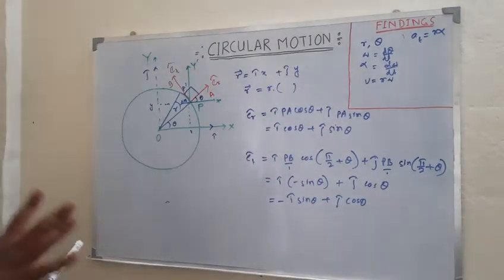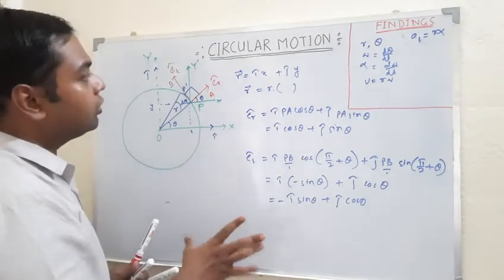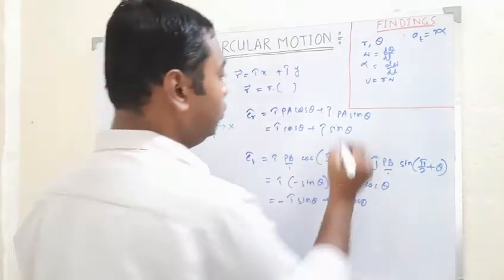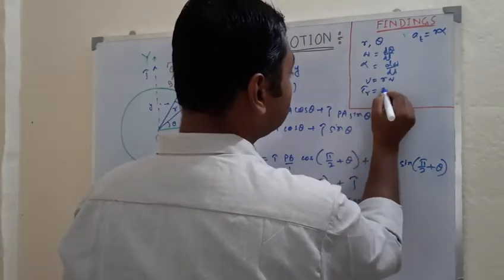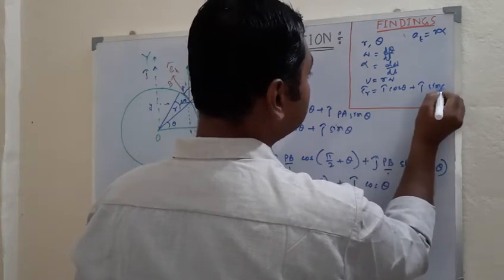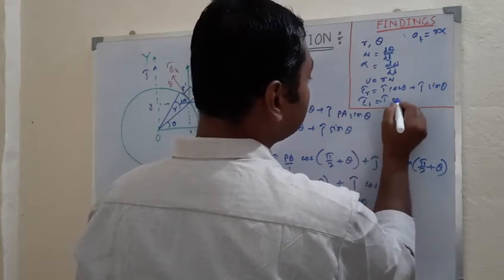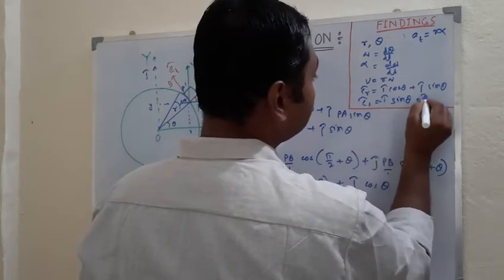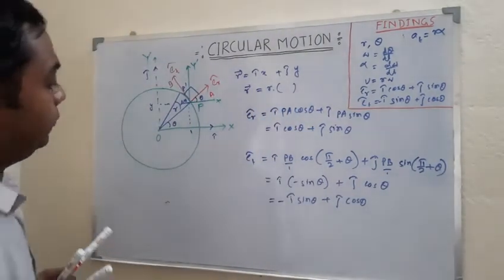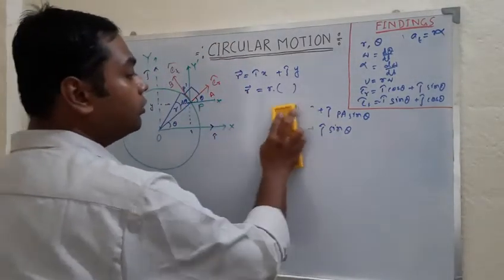These are the two very important relations between the unit vectors of the two coordinate systems. We write down: er cap equals i cap cos theta plus j cap sin theta, and et cap equals minus i cap sin theta plus j cap cos theta. I hope so far it is clear.